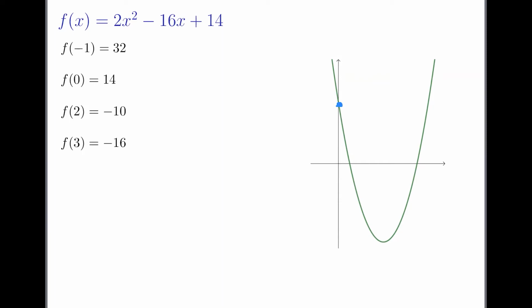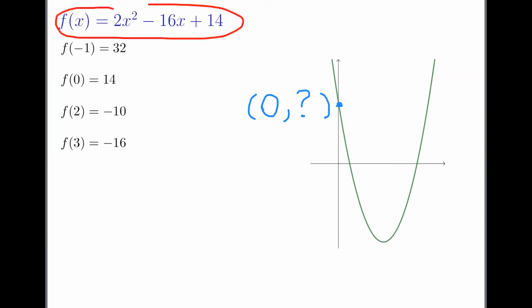The key idea here is that if you were to make up coordinates for this point right here, it's not exactly clear how high up that point is, but it's very clear how far to the right or left it is. The x value of that point absolutely has to be 0, and the y value is something that we don't necessarily know. But as soon as we look at the formula written up here, it should become pretty evident what the y value of that point is, because it just requires us to plug in x equals 0.